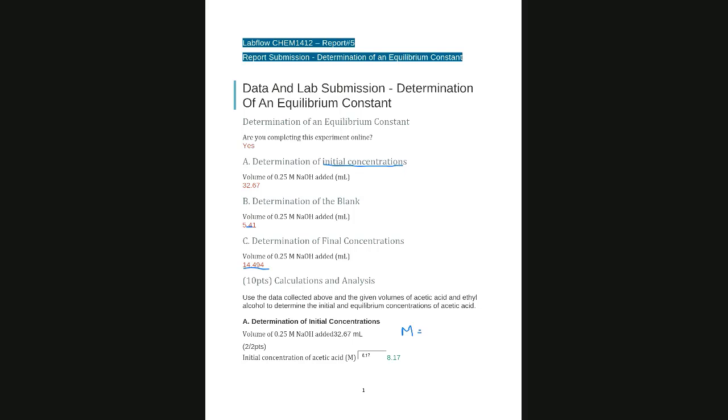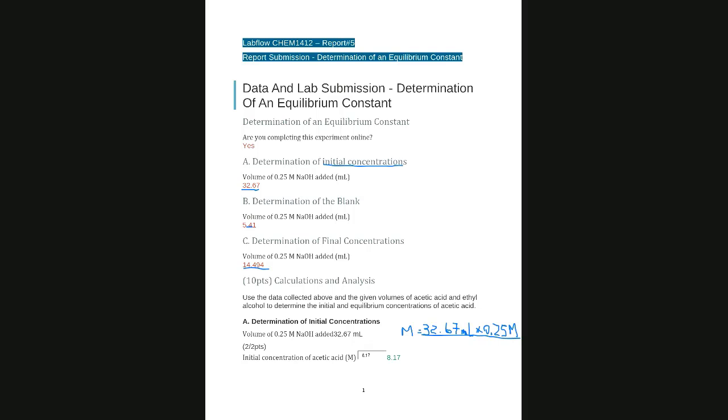Initially, I'm doing A. I use this volume. So I will say 32.67 mLs. Now, the concentration given is 0.25 molar.